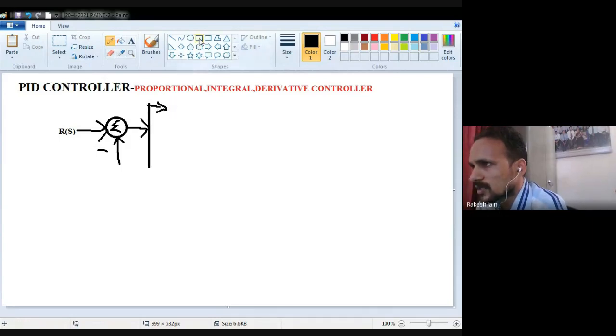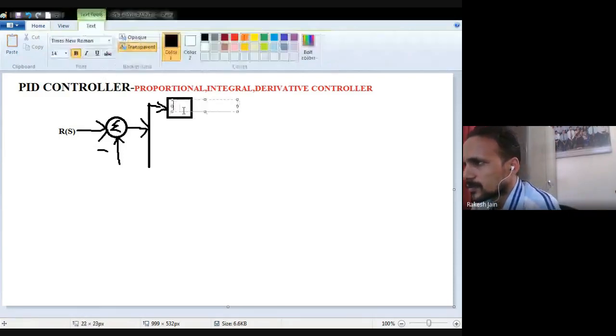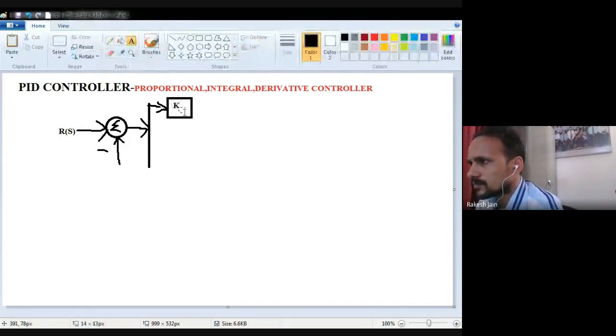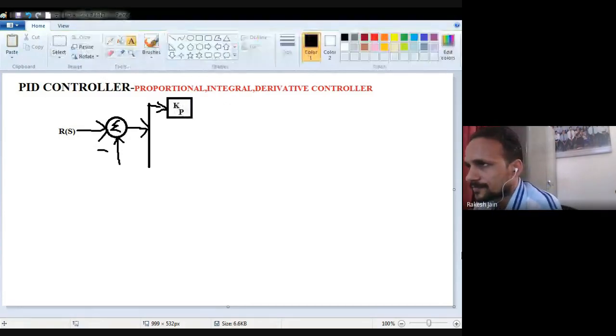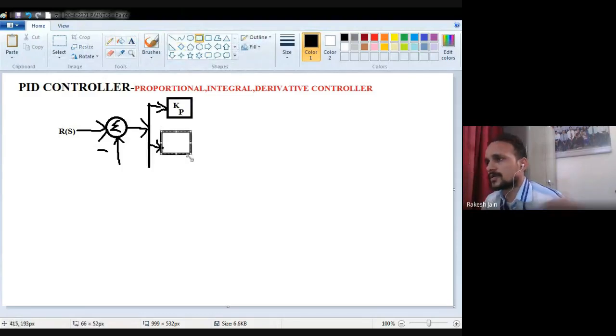One is the proportional, that's why there is Kp. One is the integral, that's why there is a block Ki by s.